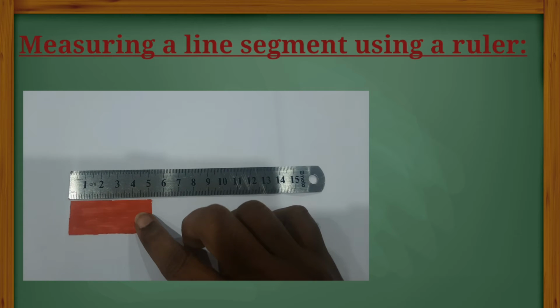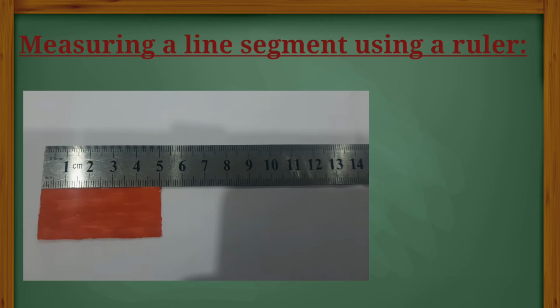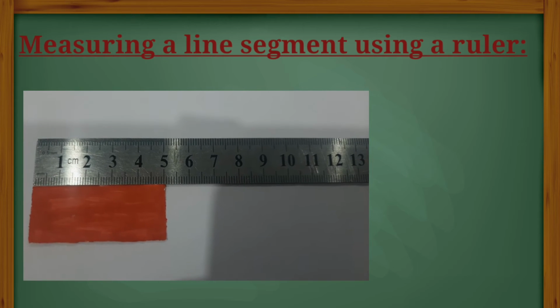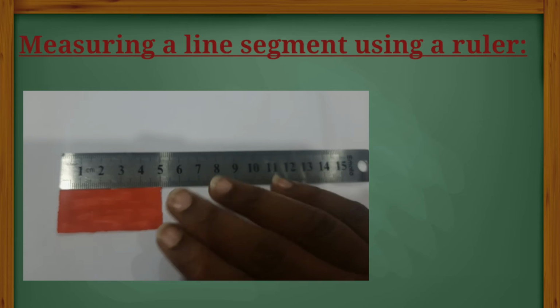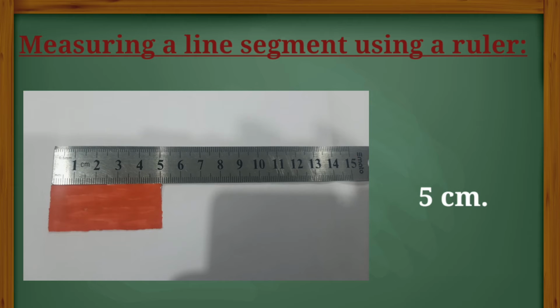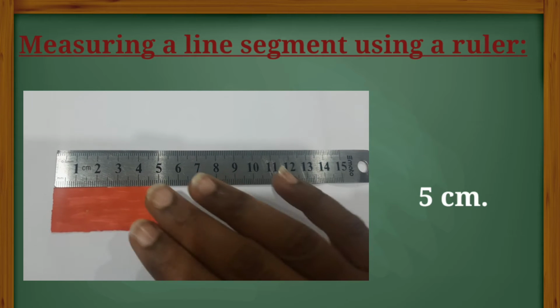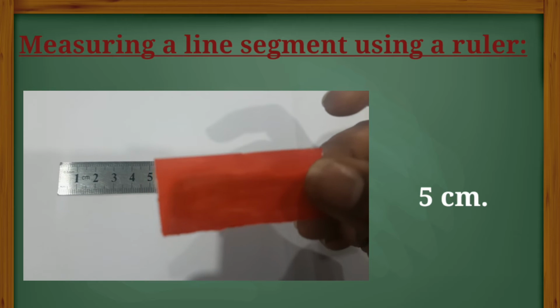I am keeping the red paper near the ruler, and if we observe the paper from starting to ending, at the number 5 it has ended. So we call it 5 centimeters. The length of the red colored paper is 5 centimeters.